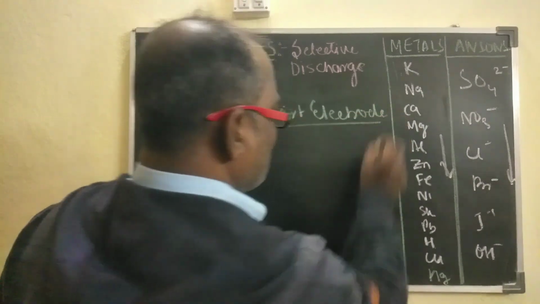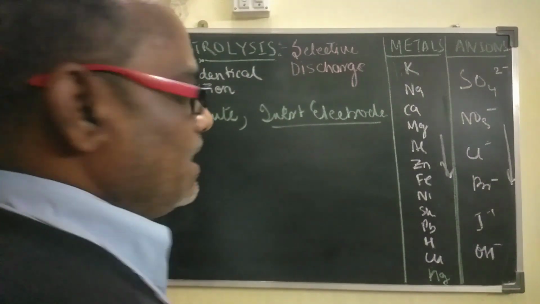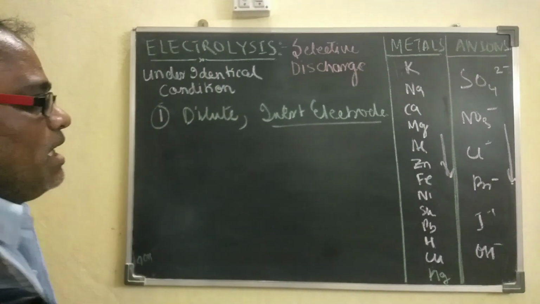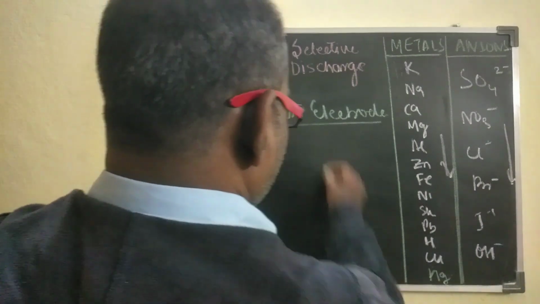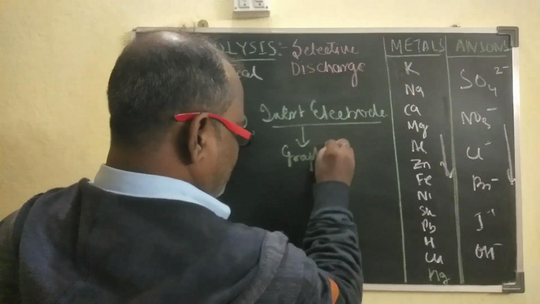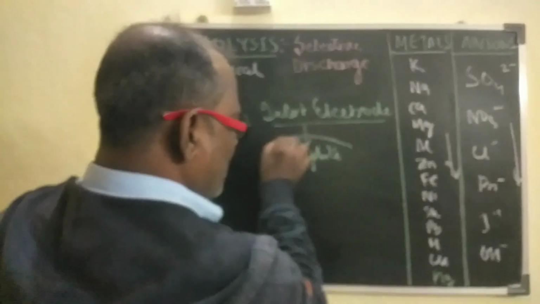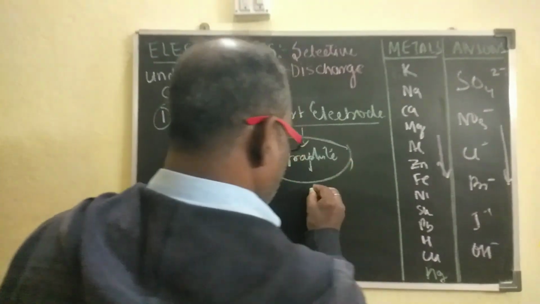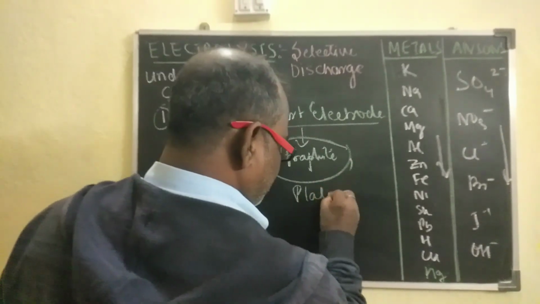We have two types of electrode, one is inert electrode, another is active electrode. Inert electrode means we take graphite as one of the inert electrodes, or we can take platinum as well.